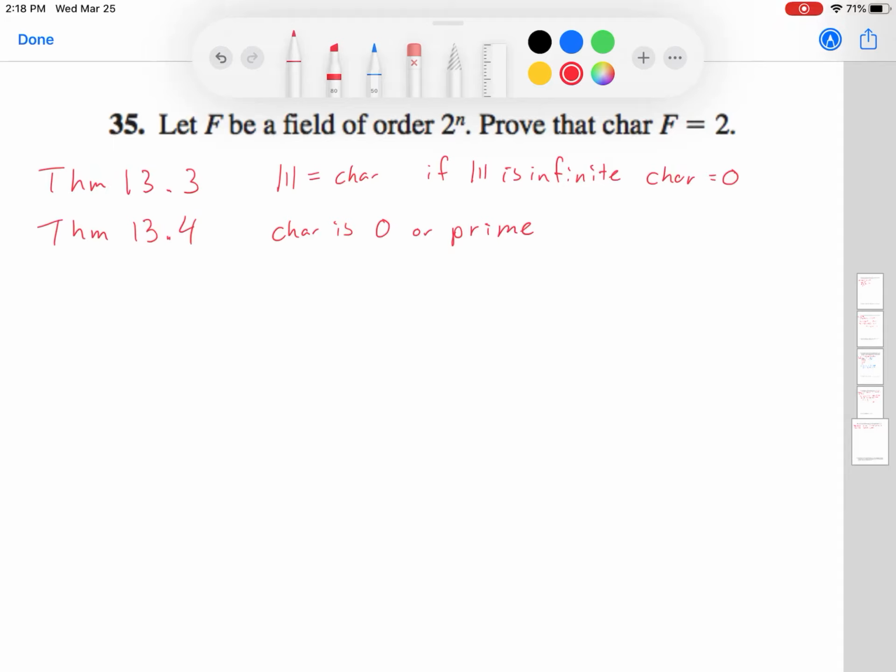So the order of 1 is not infinite, so the characteristic is not equal to 0.